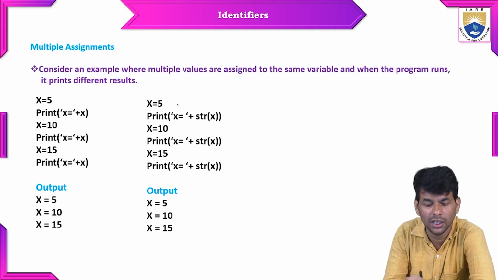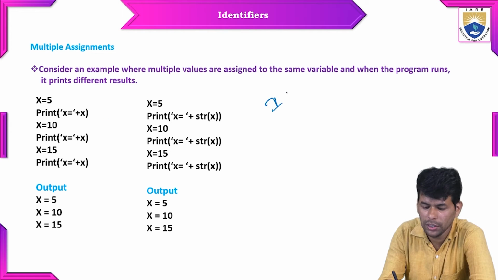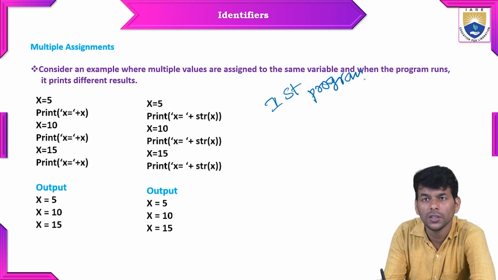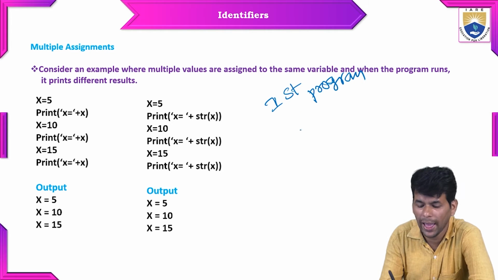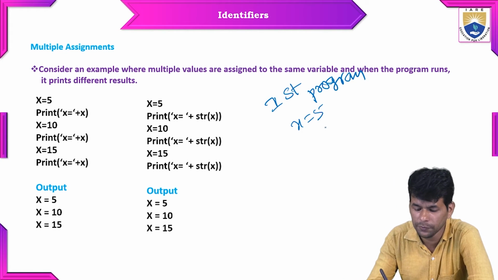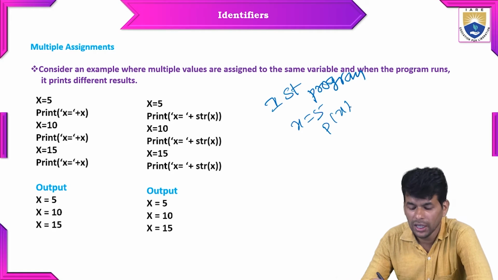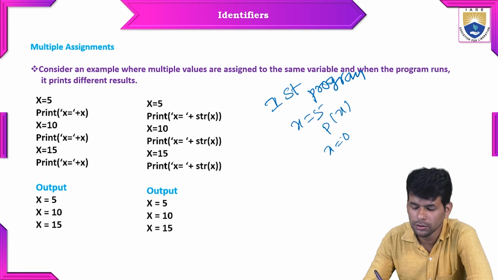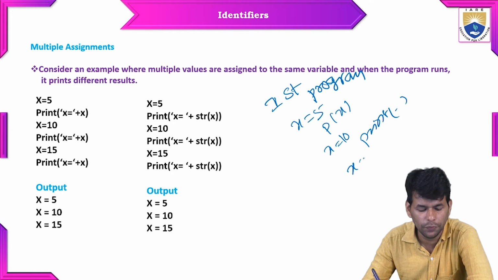In the first program, X is equal to 5. Then we print X. Next, X equal to 10, and again we print X. Again, X equal to 15, and again we print the X value.